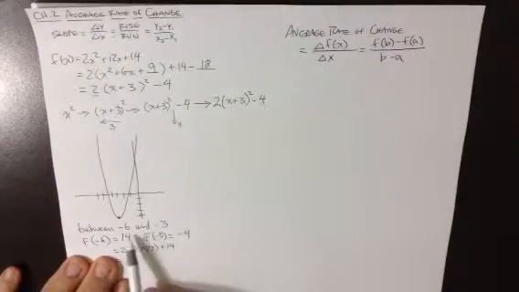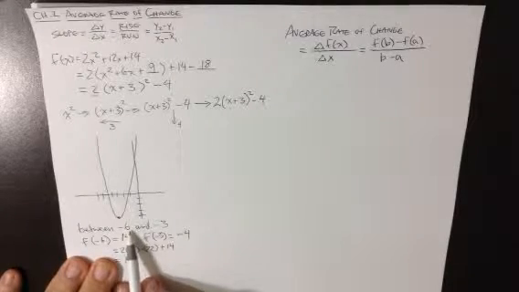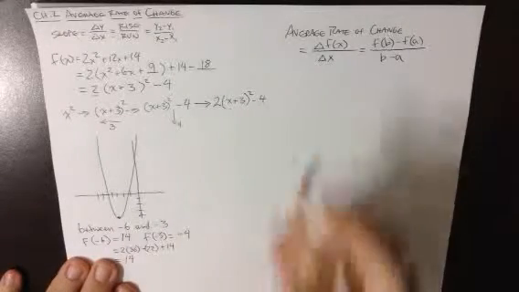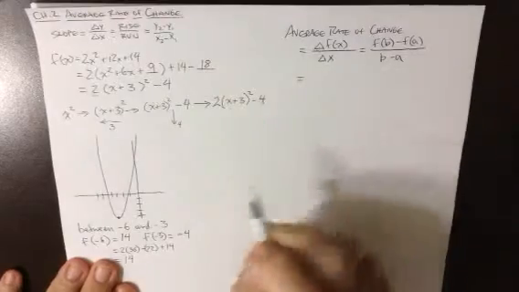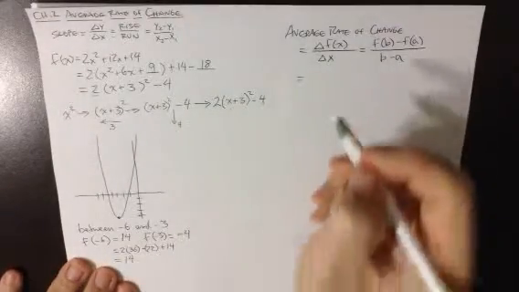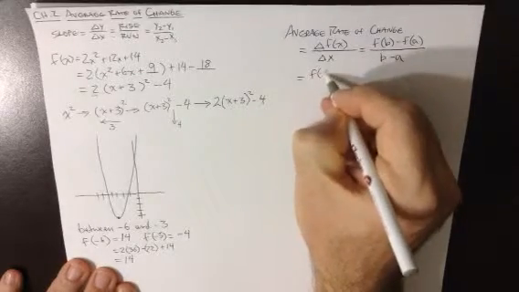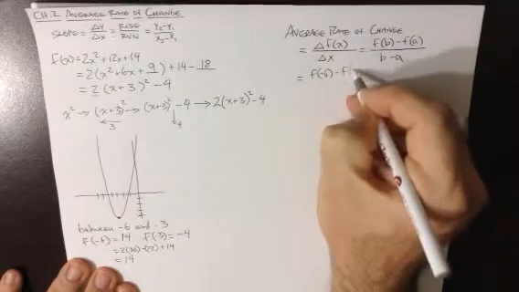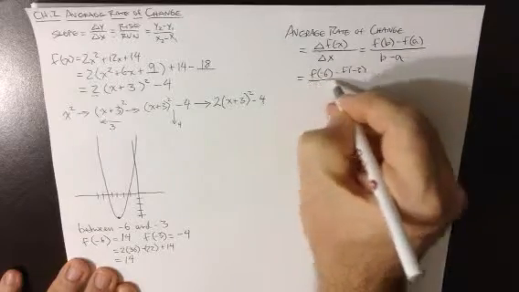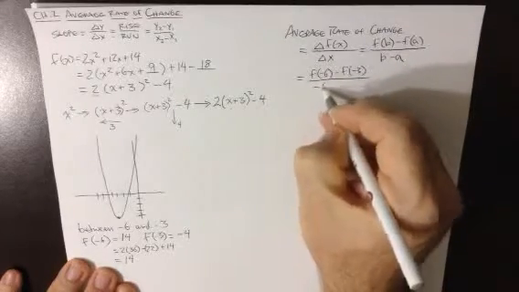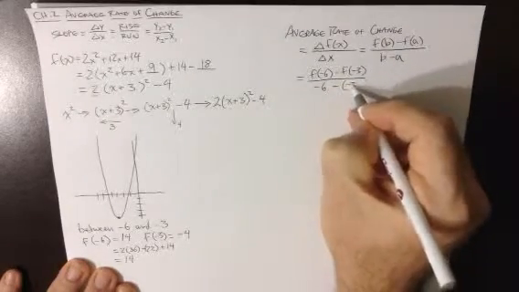Well, that's exactly what we have here. We have two values for x: -6 and -3. So if we wanted to figure out the average rate of change between -6 and -3, that would be f of -6 minus f of -3, divided by -6 minus -3.